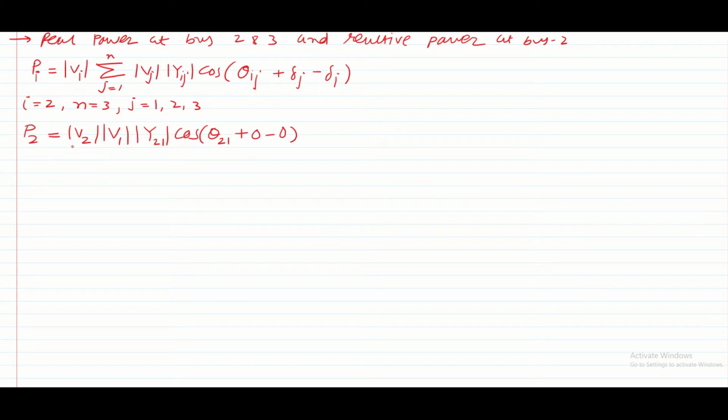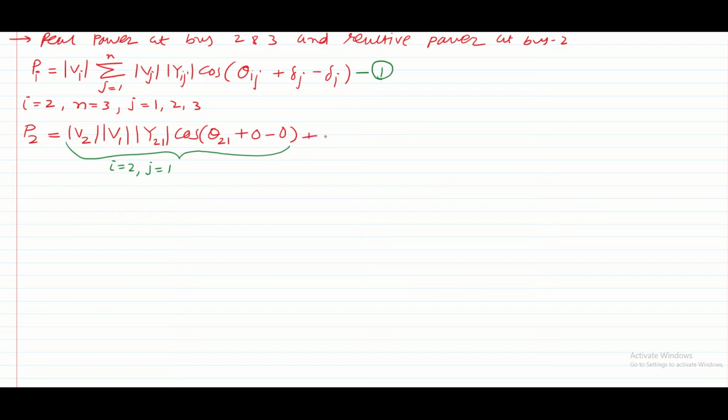Clear? So the first term, let me use a different color. This first term you will get after substituting i equal to 2 and j equal to 1 in equation number 1. Okay, clear? Now our next step is to substitute j equal to 2.